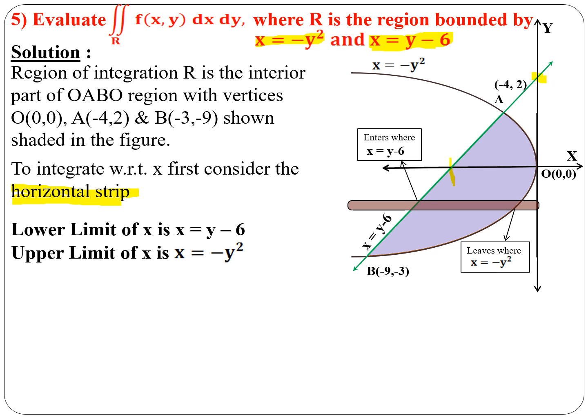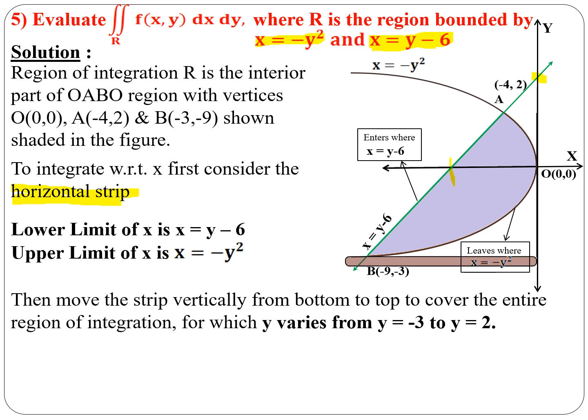Okay, now move this strip vertically, so it can start from point B and end at point A. At point B the y value is -3 and at point A the y value is 2. That's why the lower limit of y is -3 and the upper limit of y is 2.